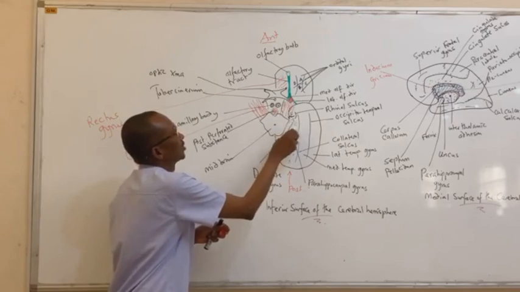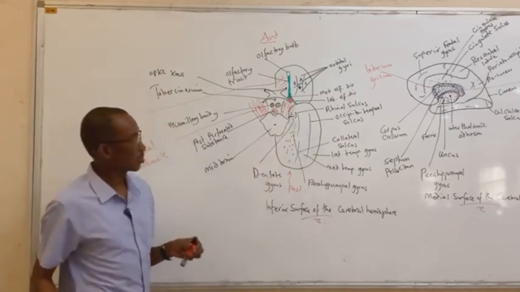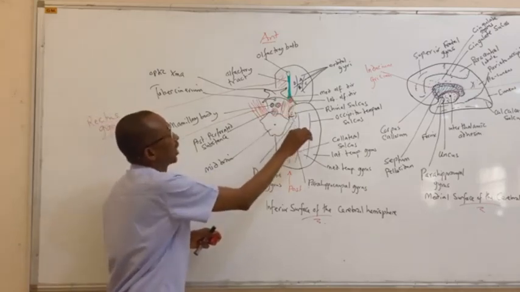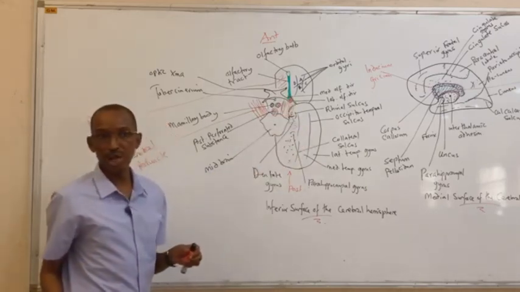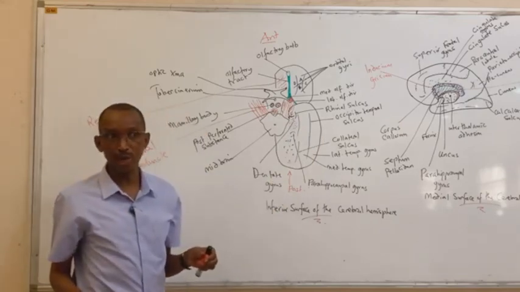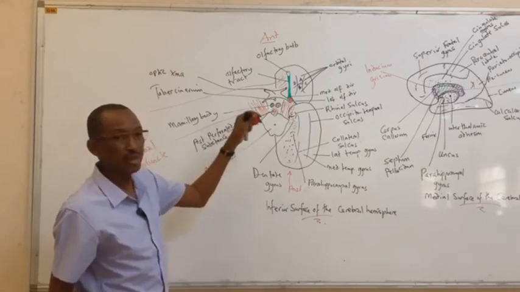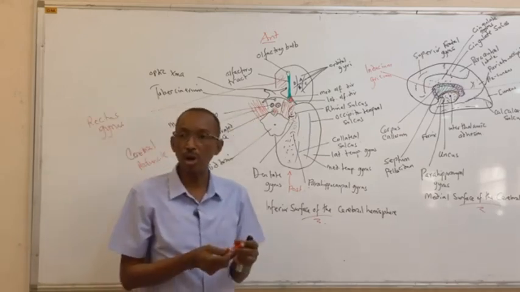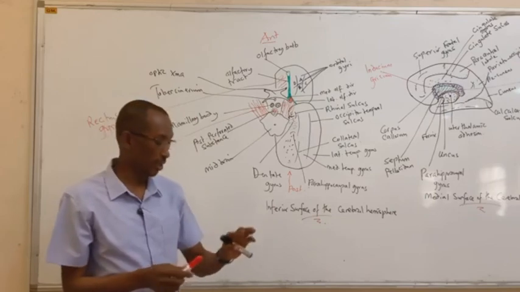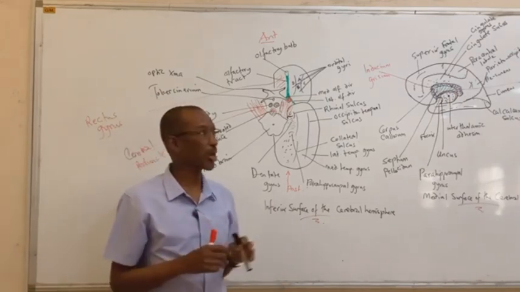Here is the para-hippocampal gyrus, here you have your uncus, here your medial temporal gyrus, and here your lateral temporal gyrus. So these are the structures that one can see when you look at the inferior aspect of each of the cerebral hemispheres. I think we can have a break, and then when we come back, we continue.